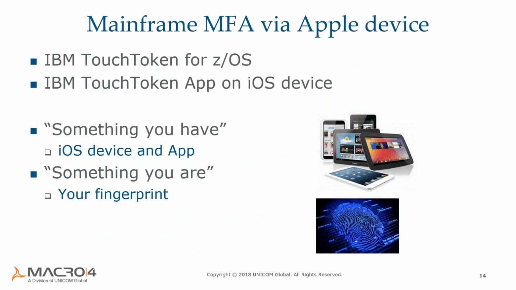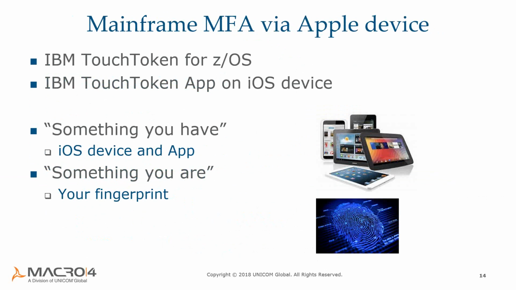Once it's been registered, there's a handshake of certificates, and basically this is where your thumb or your fingerprint does come in. You can actually put your fingerprint on the Apple phone. It will then pop up with a nice token for you, and then you put that token into the password field on the mainframe.